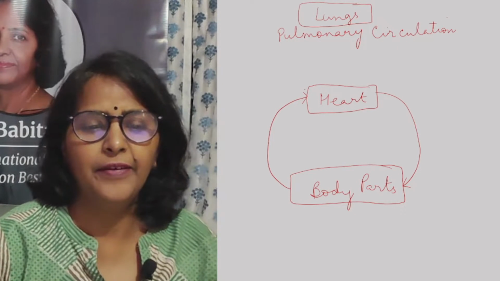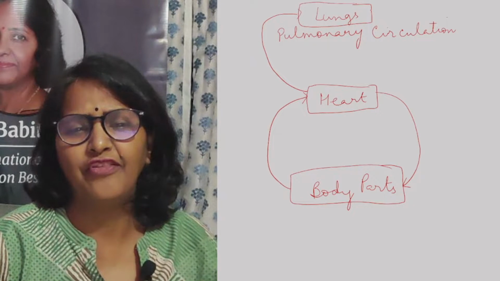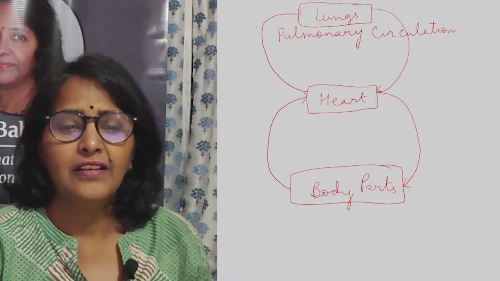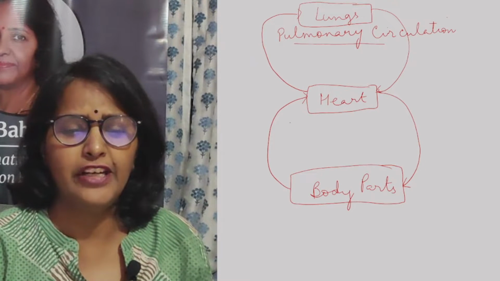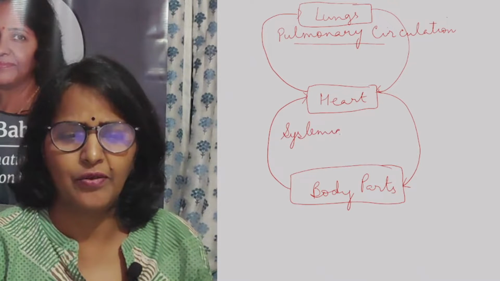From the heart again the blood was going into the lungs, and from the lungs it was coming back to the heart. This circulation is known as pulmonary circulation, and the other circulation is known as systemic circulation.